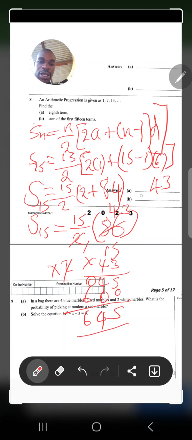Therefore the answer here is 645. So this is the final answer that we have here, and so far we've gone only up to number 8, but we'll continue solving the remaining questions. Thank you for watching. See you again in the next lesson.